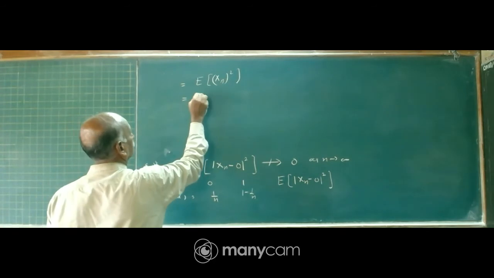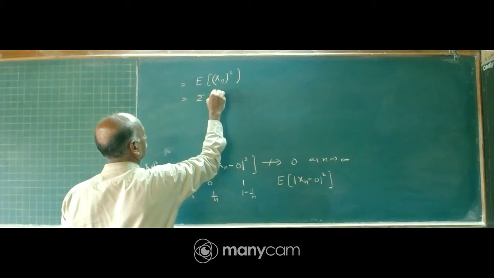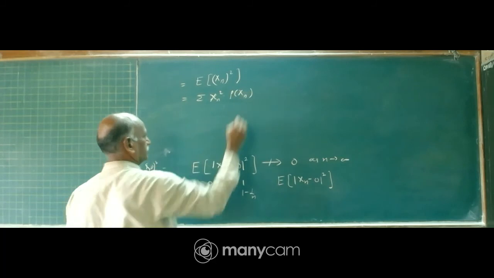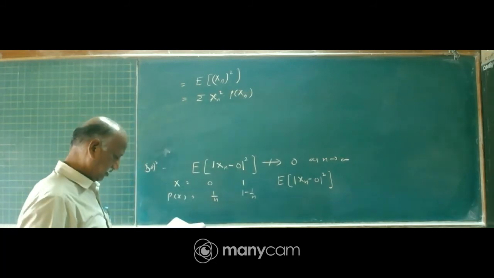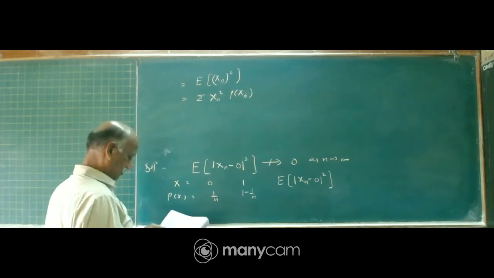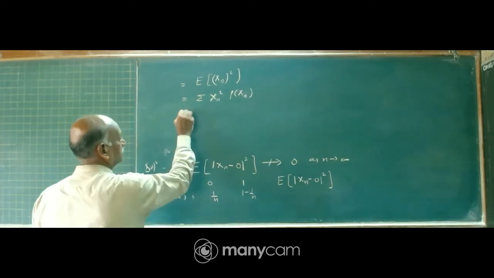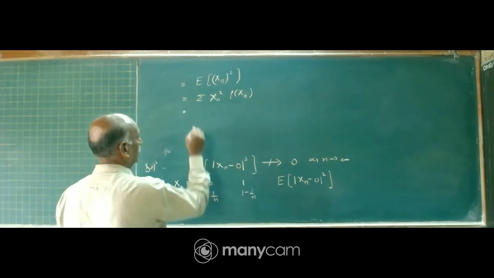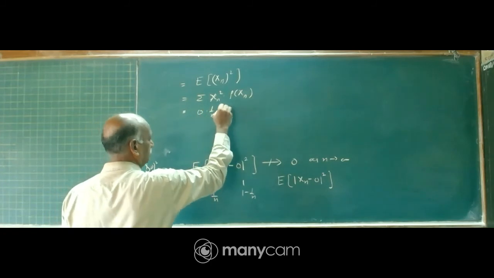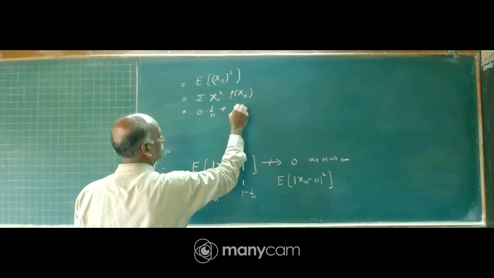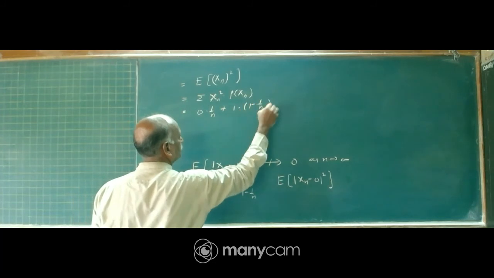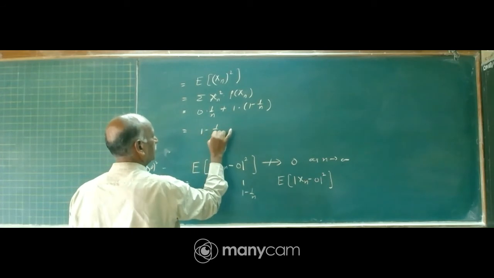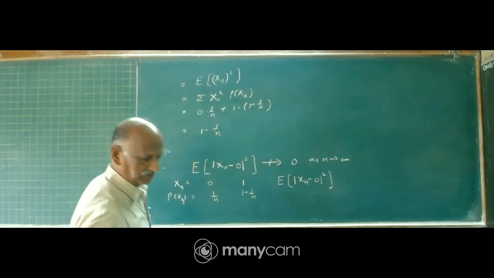This is equal to the summation of Xn square P(Xn). So this is 0 into 1 by n plus 1 into 1 minus 1 by n. The first term is 0, and we are left with 1 minus 1 by n.